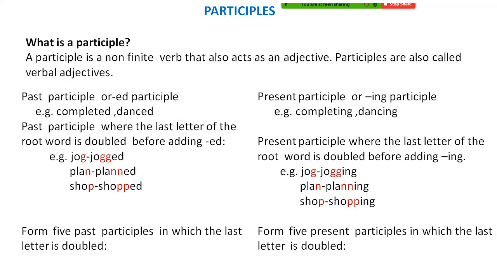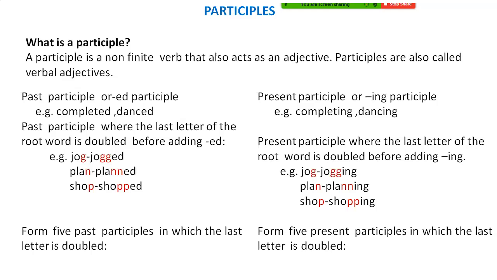Let's look at the next example, which is shop. The last letter of the word shop is P. Now, to form the present participle of shop, the letter P has been doubled before adding ing to it, making shopping.